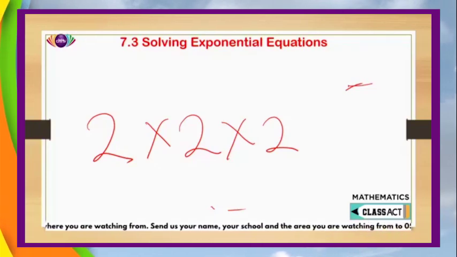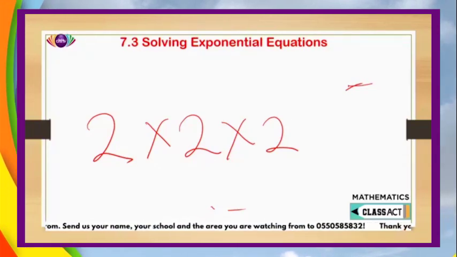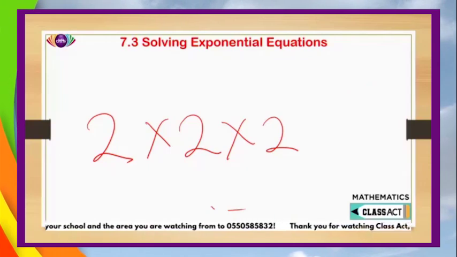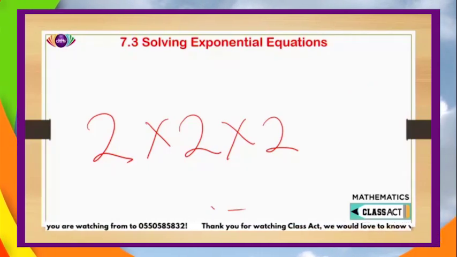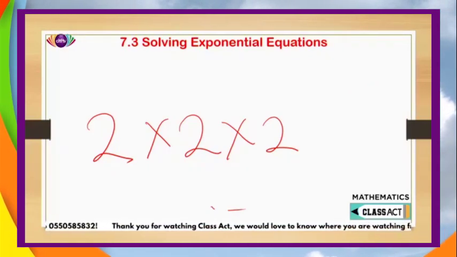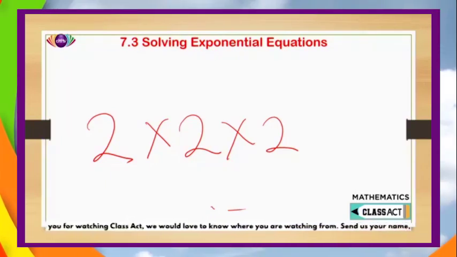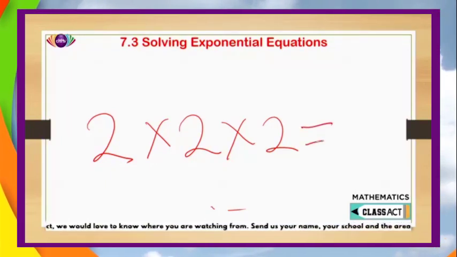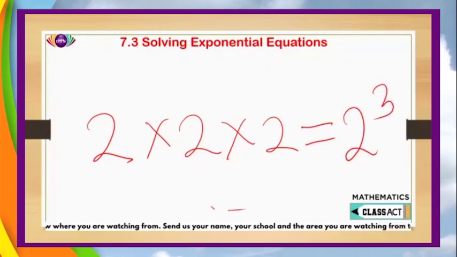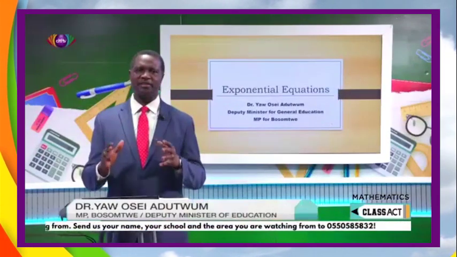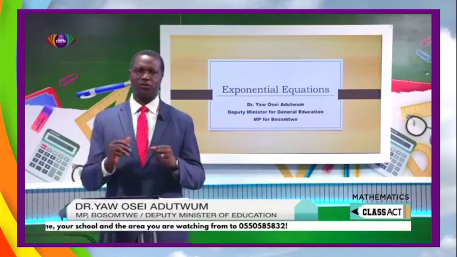So another way for me to write this is, when I say 2 times 2 times 2 equals 2 to the power of 3.